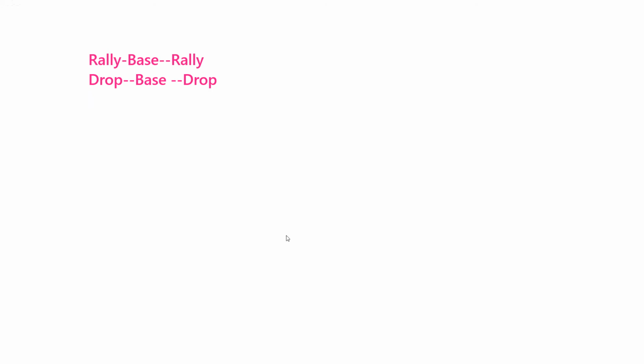Probably you know what I'm talking about. So we are going to make it as one. I'm sorry, guys. And like this. So we have either rally, base, rally, or drop, base, drop.